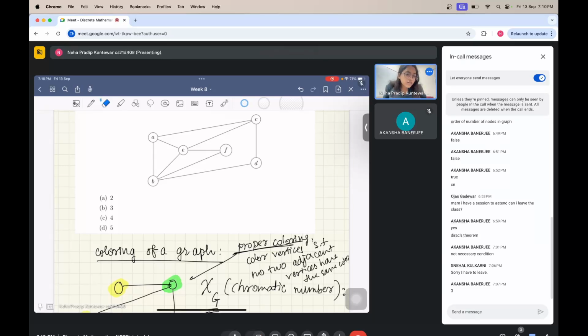Hi, sorry. So, yeah, the answer, you're right. The answer is 3. Can you tell me the coloring that you have in mind?